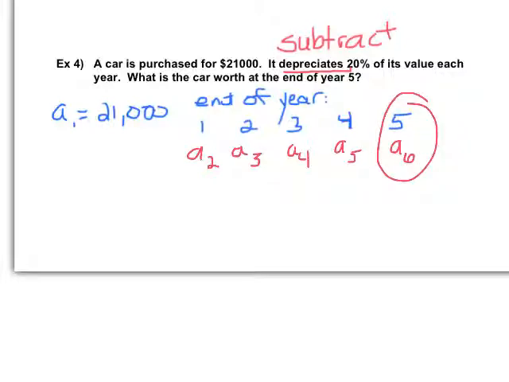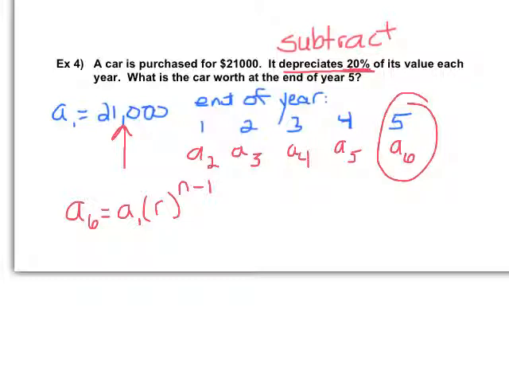So if we use our formula, a sub 6 is equal to the first term times the common ratio to the n minus first power. Well, a sub 1 is 21,000. My common ratio, you have to be careful. It is not 0.2.